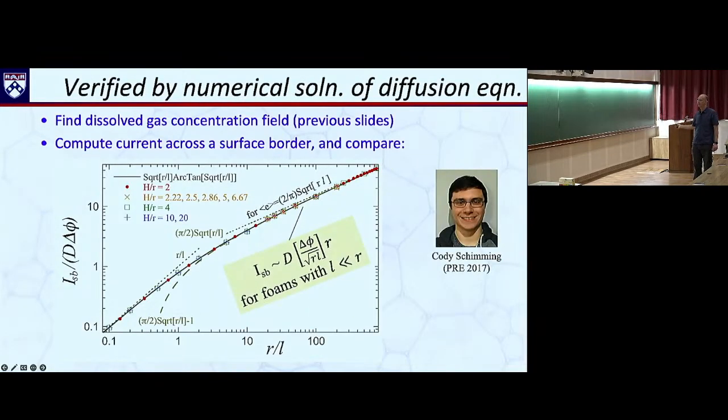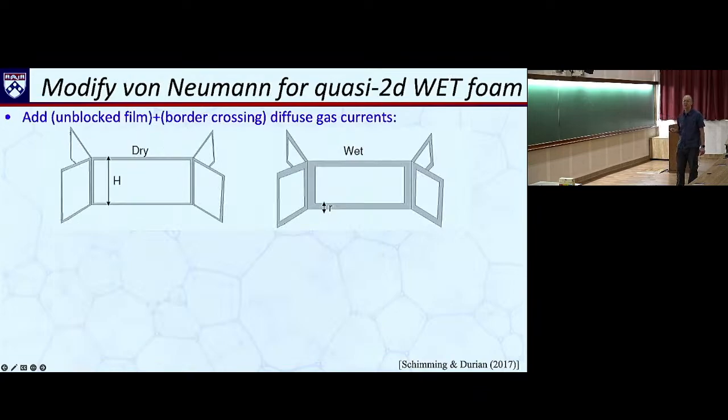All right, so there's the proof of the pudding, if you will, that Cody discovered that we now understand in terms of the border crossing physics. That's cool. We can now take this understanding to modify the von Neumann law.